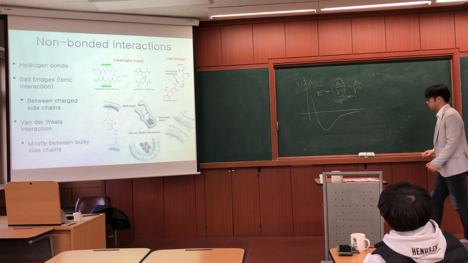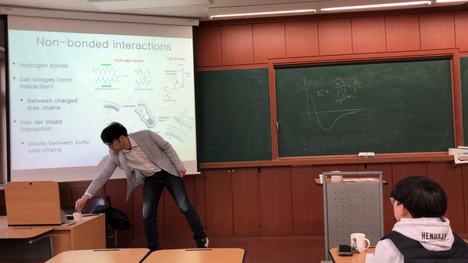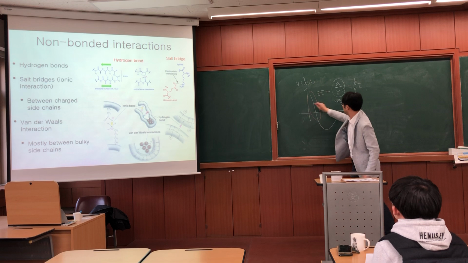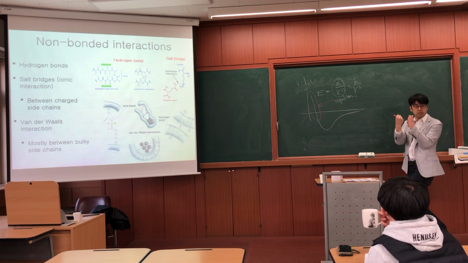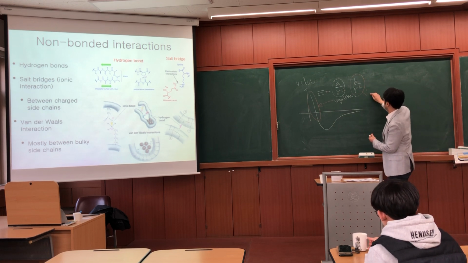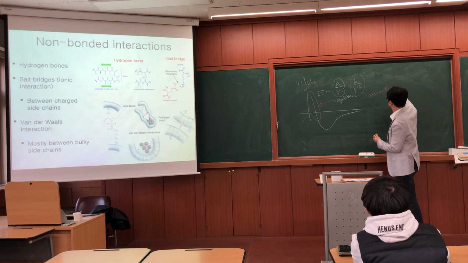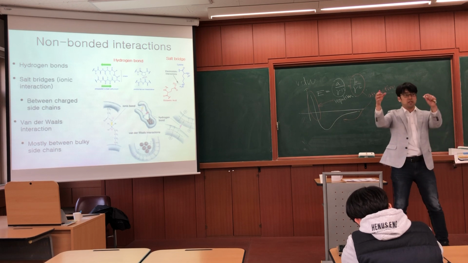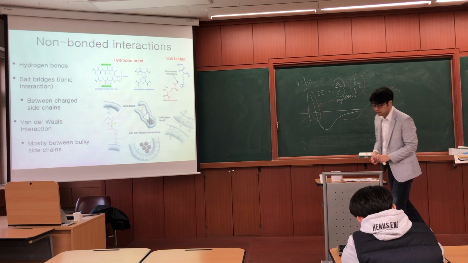Repulsion mainly plays a role in this region. If two atoms are too close, they repel each other. And this term is the attractive term. Generally it works here, right? If two atoms are somewhat close, then they attract each other.